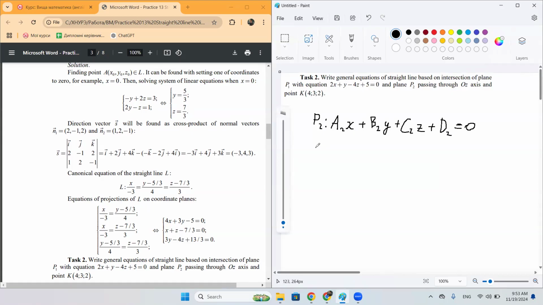Then, what we have next. We know that this plane passes through OZ, so we have a point M that has coordinates 0, 0, and z. We basically don't know that coordinate, but with such information we can write c2z plus d2 equals 0.